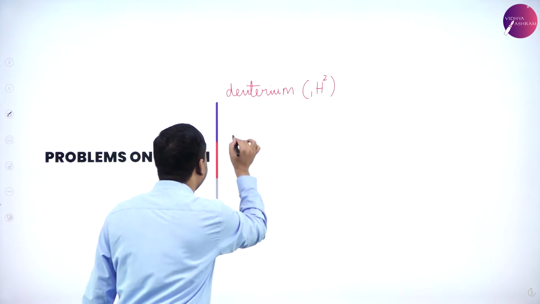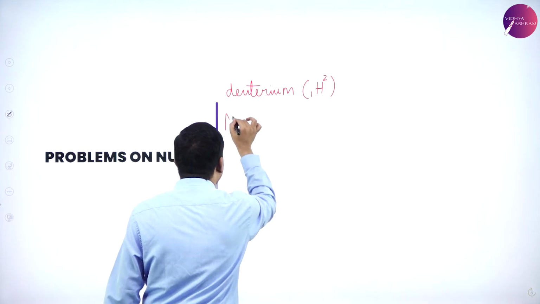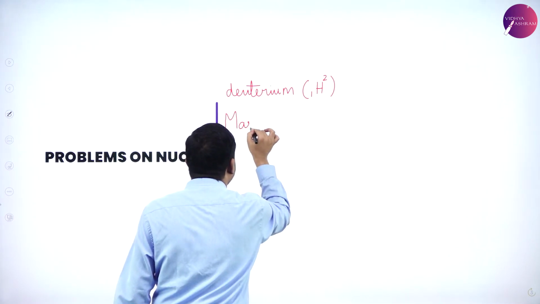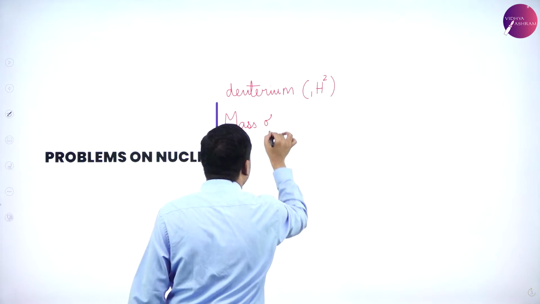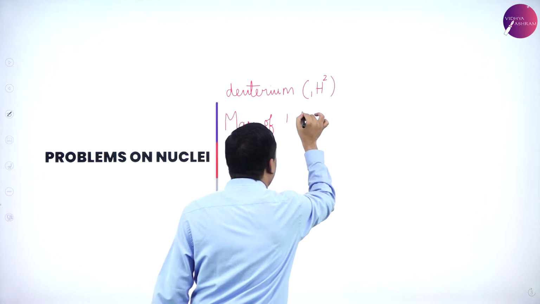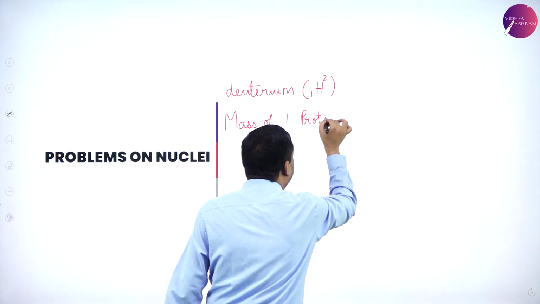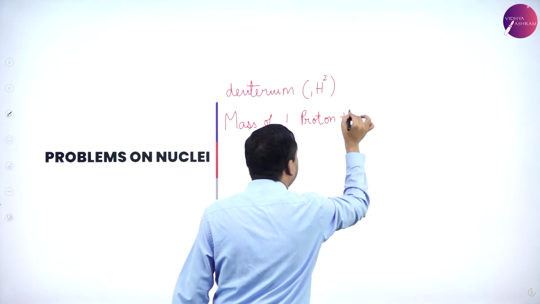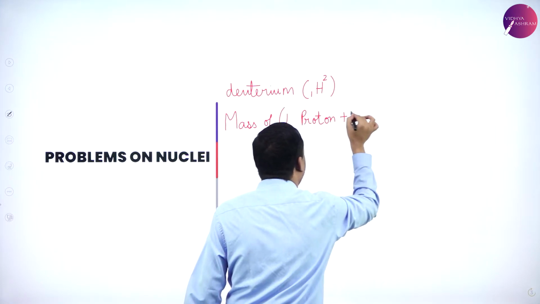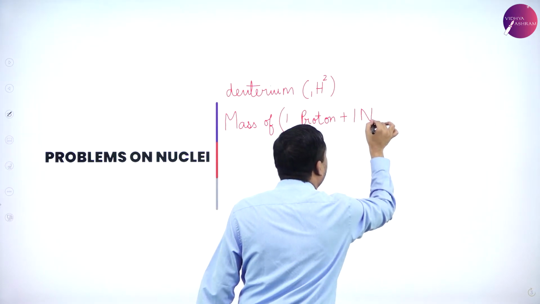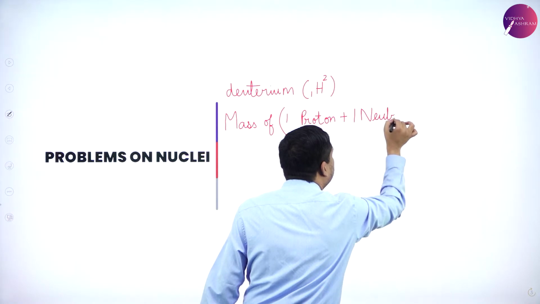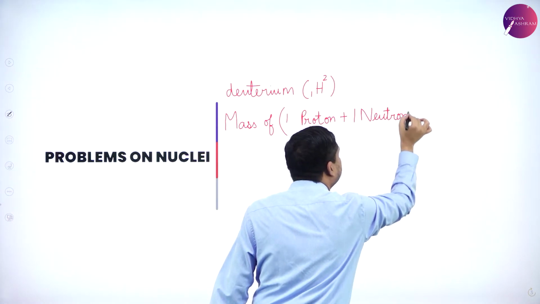So first I will find the mass of one proton plus mass of one neutron.